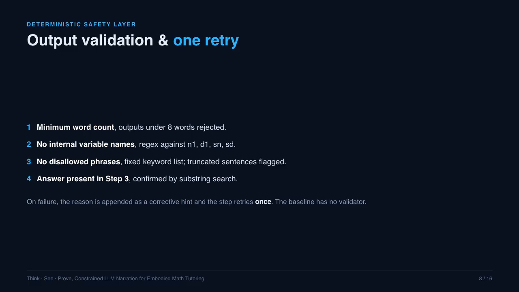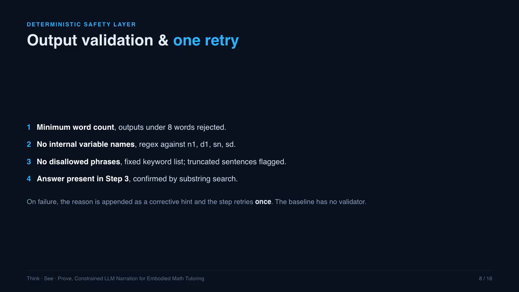So implementation notation never reaches the student. The third matches against a fixed list of disallowed phrases, and additionally flags any output that does not end with sentence terminal punctuation as truncated. And the fourth, applied only to the proof step, confirms by substring search that the final answer is actually present.